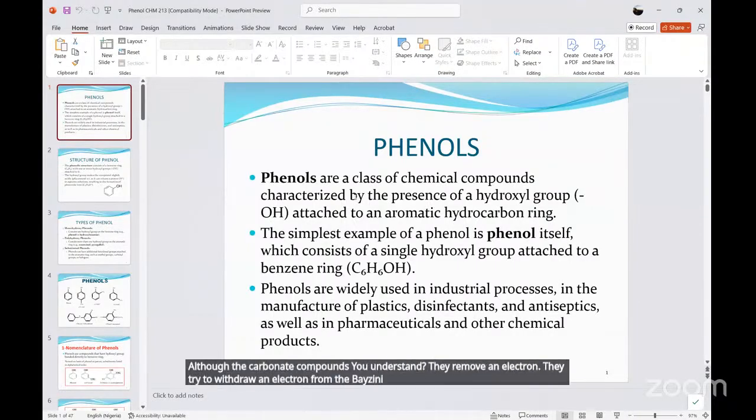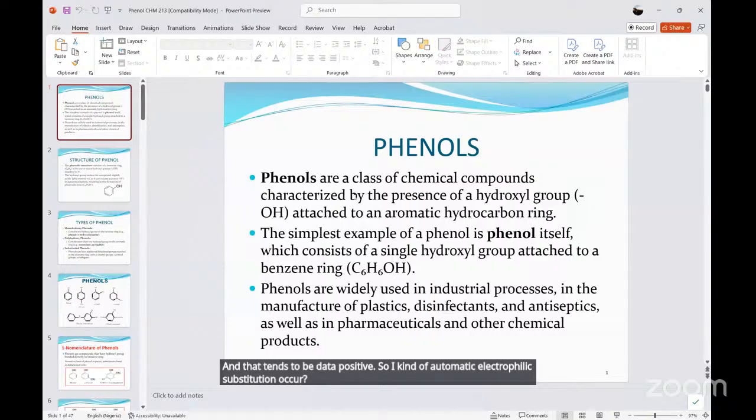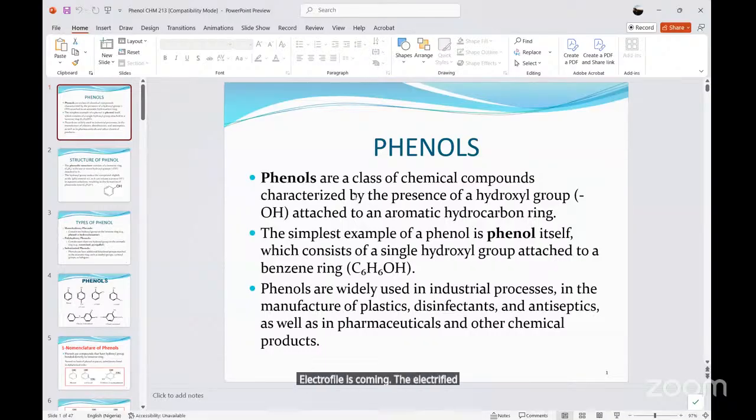When they withdraw electrons from the benzene, they will make the benzene electron deficient. And that means the benzene will tend to be delta positive. So how can an electrophilic aromatic substitution occur? The electrophile always carries a positive charge.